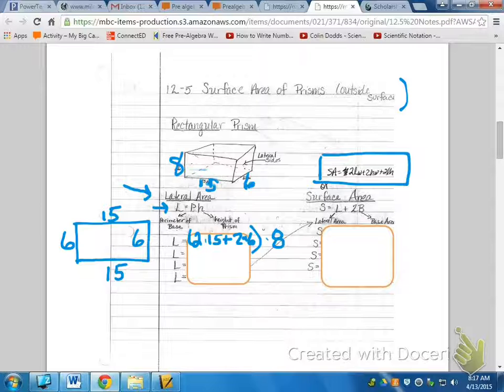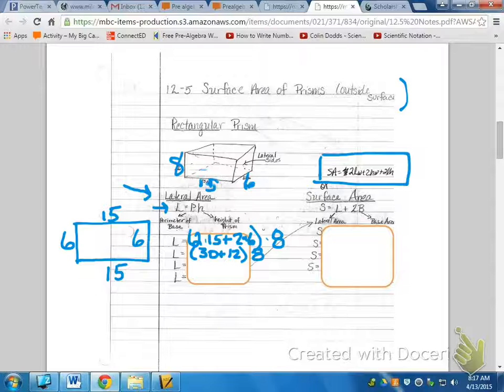So as I'm figuring up the perimeter of the base, I'm going to follow order of operations, and I'm going to go 2 times 15 is 30, plus 2 times 6 is 12. What's the next step with order of operations? What do I have to do?